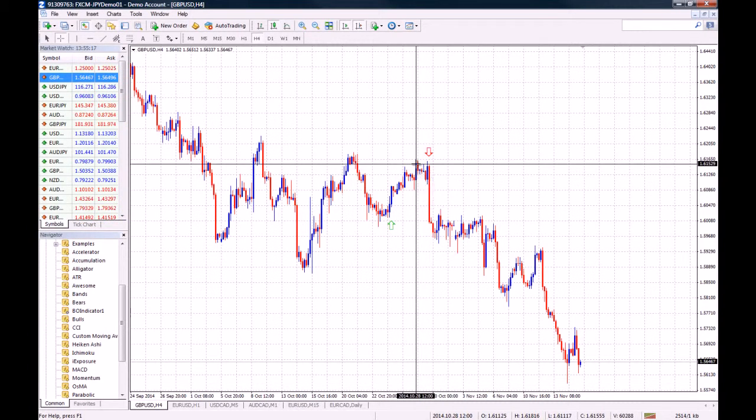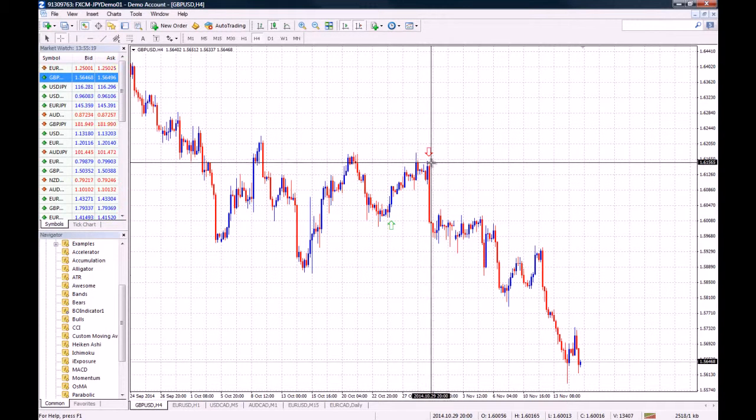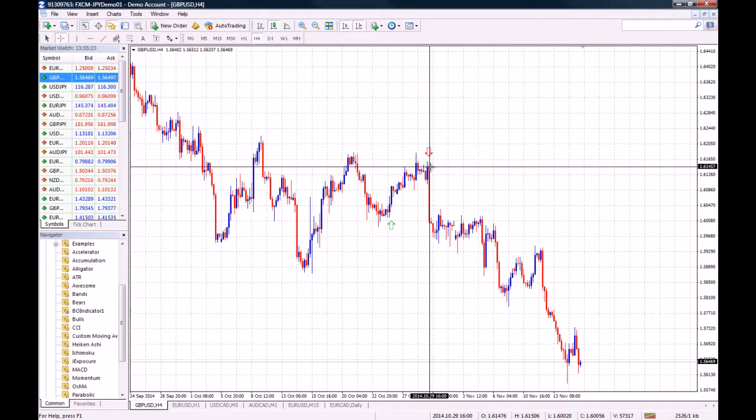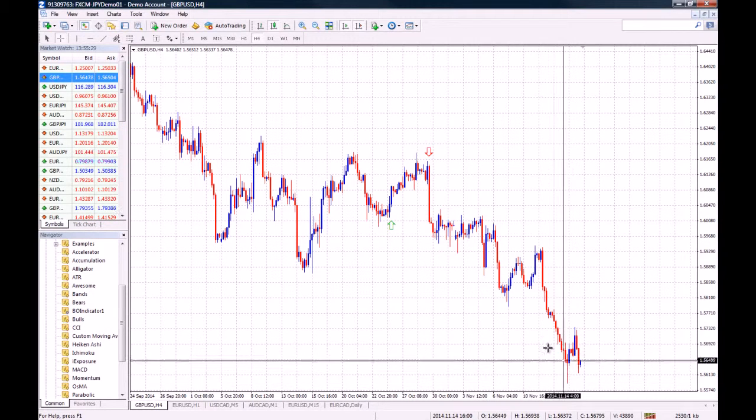And then we get a very nice signal to buy put options right at the top of the beginning of this entire move down.